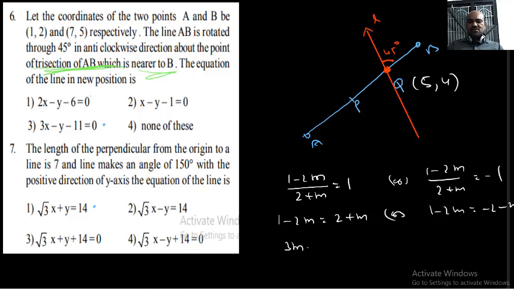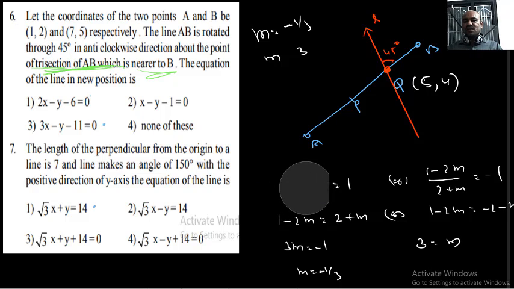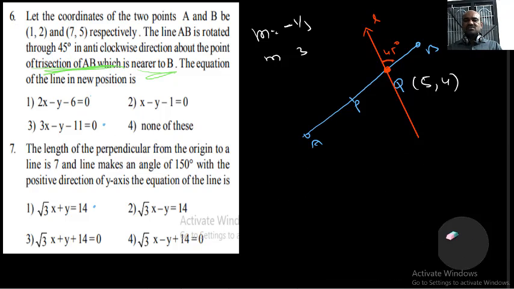Then 3m equals minus 1, so m equals minus 1/3. One of the m values equals minus 1/3. The other m value is equal to 3. Those two are perpendicular lines. One of the lines has slope minus 1/3, the other has slope 3.